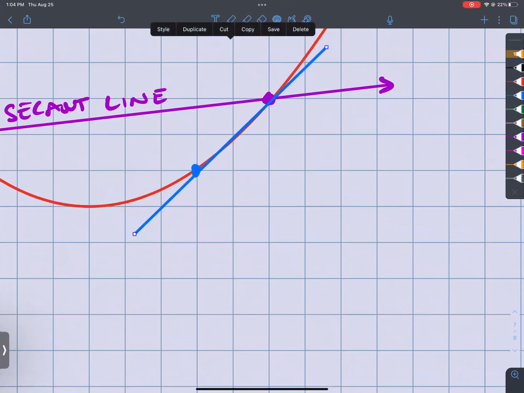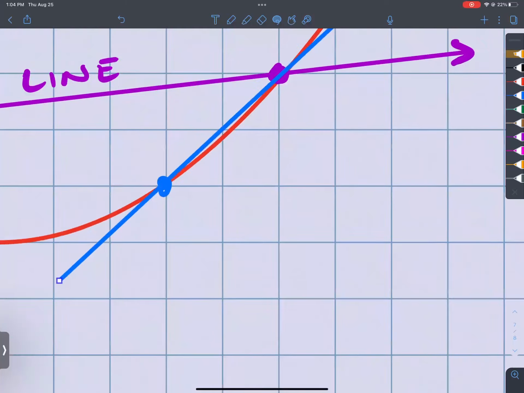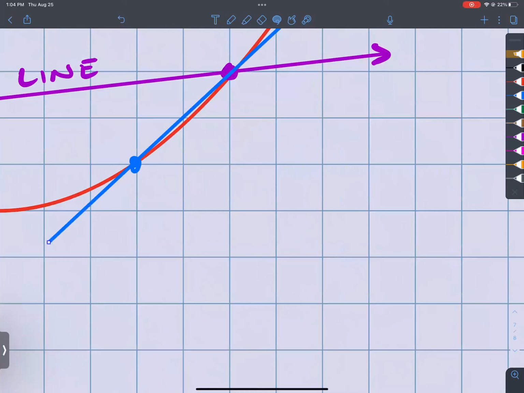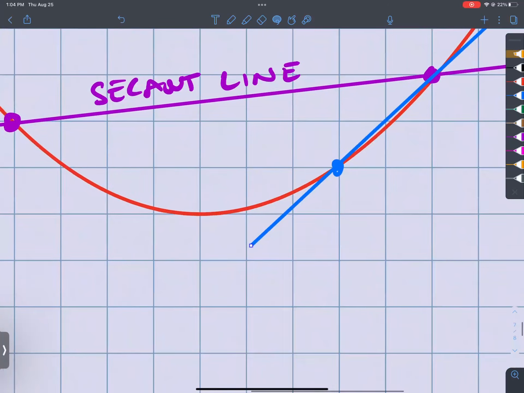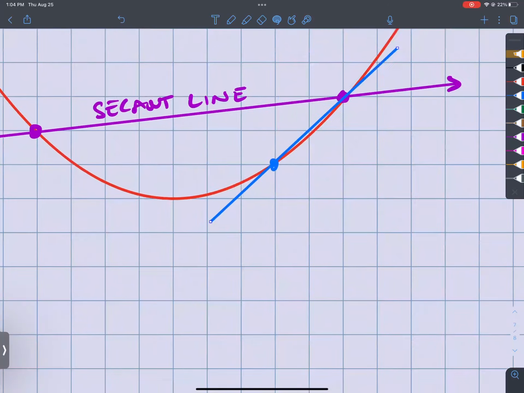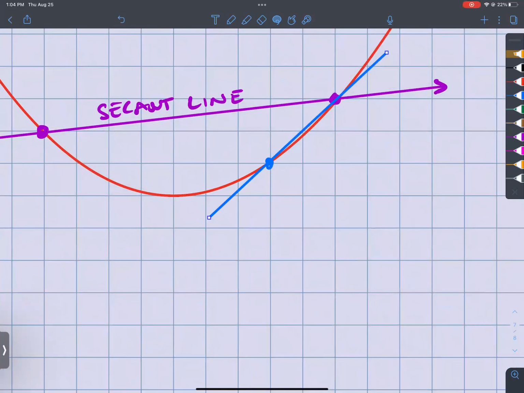Does that make sense? It's getting closer to what is happening along the curve, approximating the angle or the slope of that curve. Rather than something like this. Are we okay there? So far, so good?